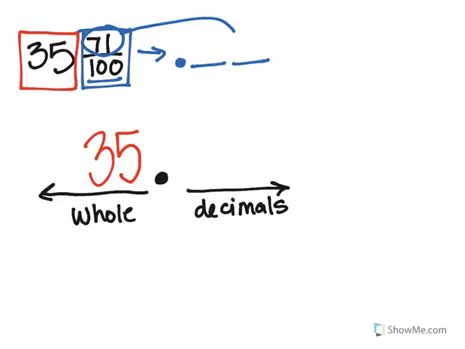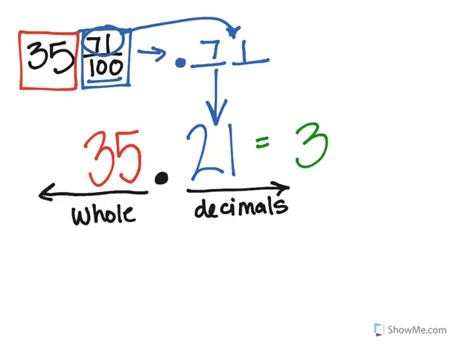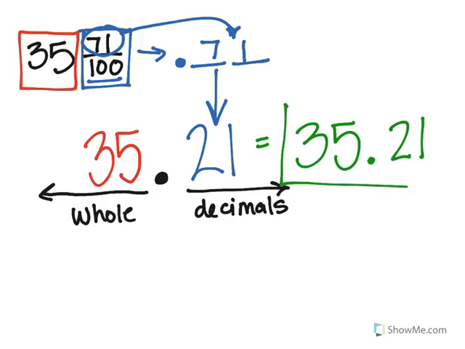Take my 71 and I bring it and I put it on top. So I keep them in the right order, just like that. And now I can fill them in down here. So this mixed number has now become 35 and 21 hundredths in its decimal form.